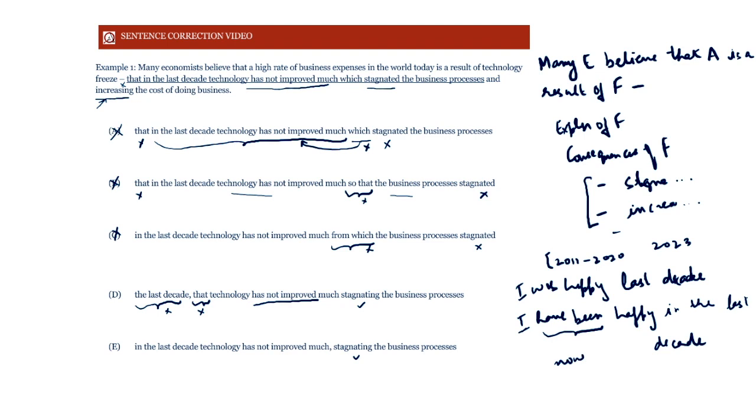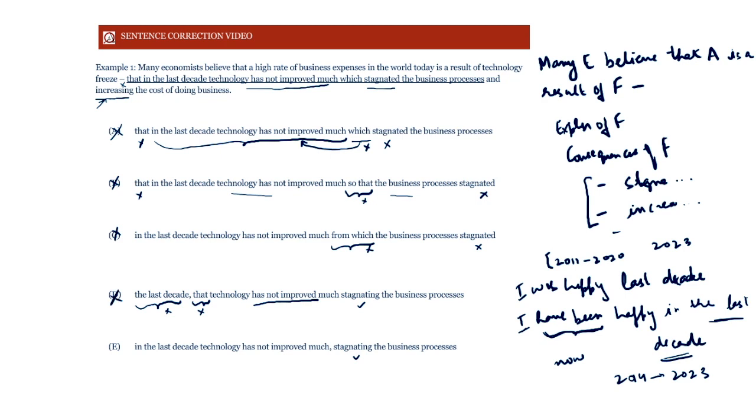So I have been happy in the last decade means in the last 10 years, starting from, let's say, 2014 or 13, whatever, till 2023, till now. Your decade is the 10 years. So with the present perfect, I will not use last decade, I'll use in the last decade. So here, the last decade is also incorrect, so D also goes.